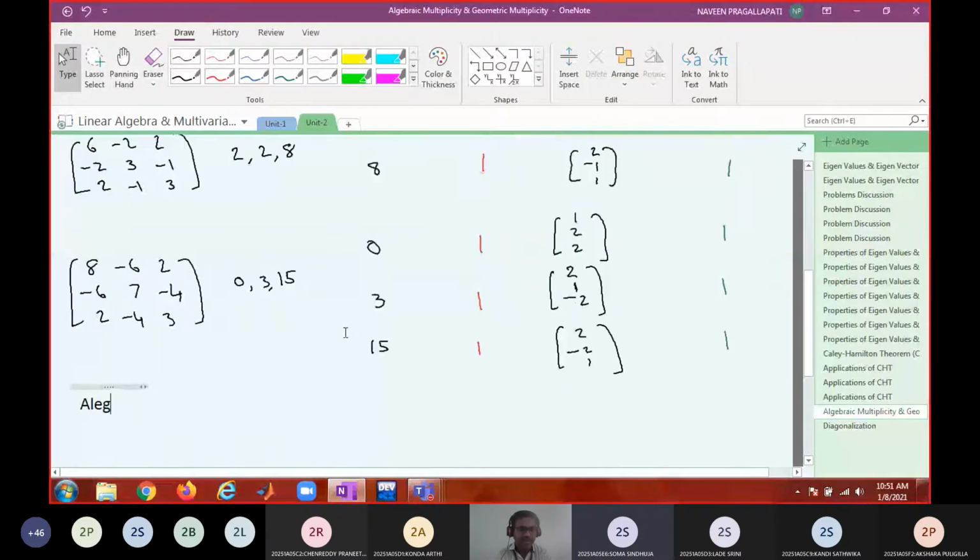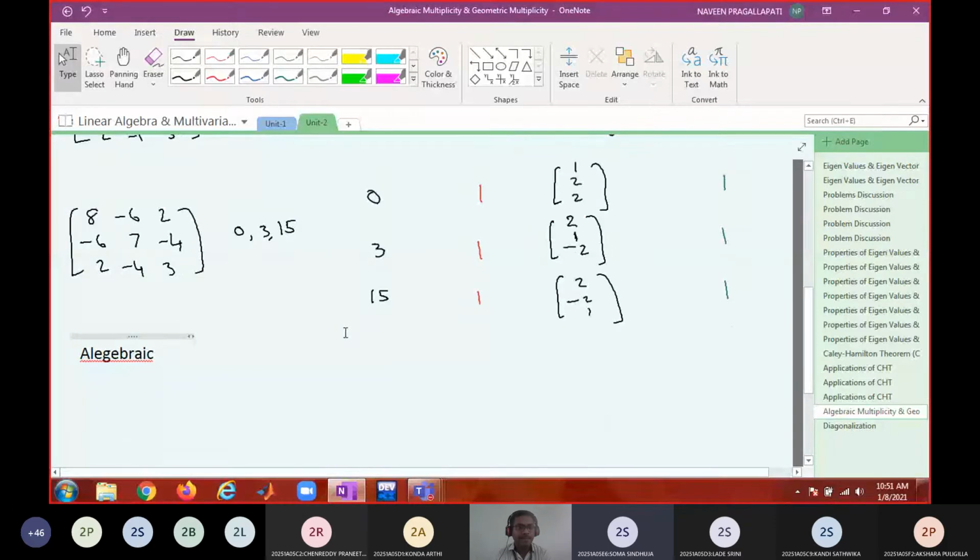So algebraic multiplicity, it is denoted with S. S or T? I said T, right?